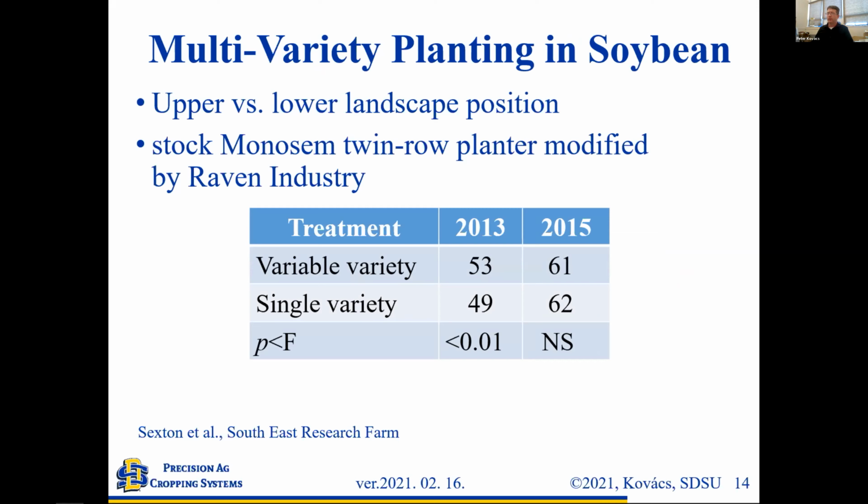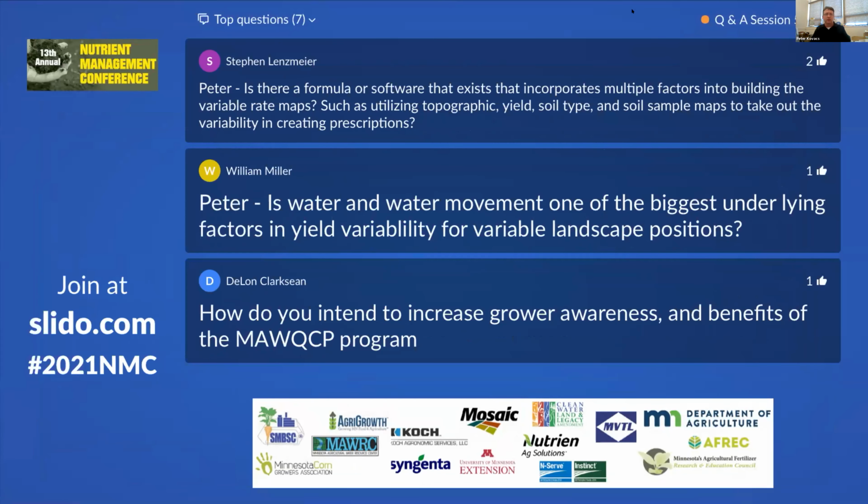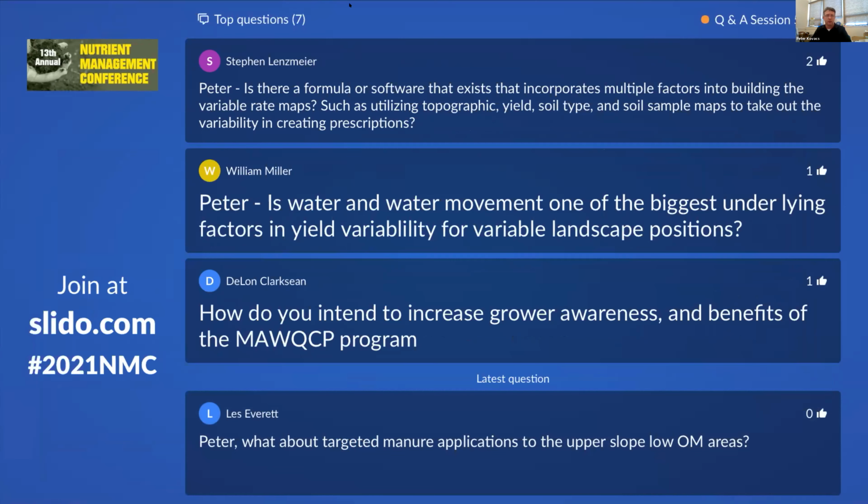So, going back to the question on ROI, it will be fairly difficult to get the exact number because that will depend on each situation, on what the yield variation is that you experience within the field.